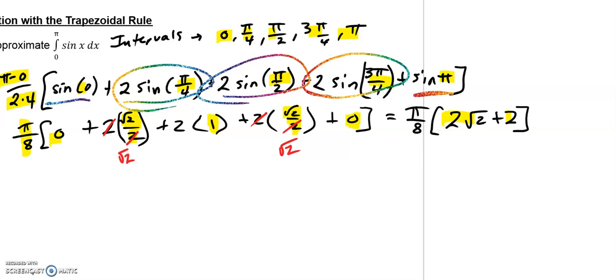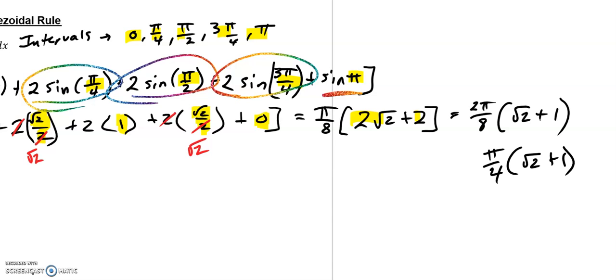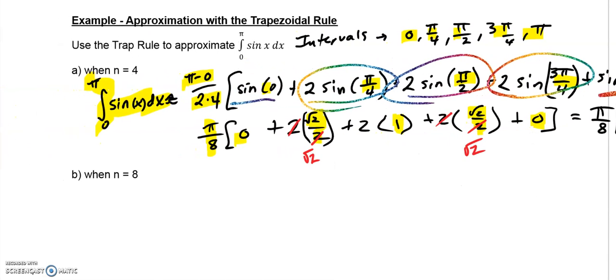When you factor out a 2, it will simplify with that 8, so you'd have 2 pi over 8, then radical 2 plus 1, and that 2 pi over 8 will simplify to pi over 4. That is as far as we can go on that one. So that would be our best trapezoidal approximation with these intervals of n being 4.